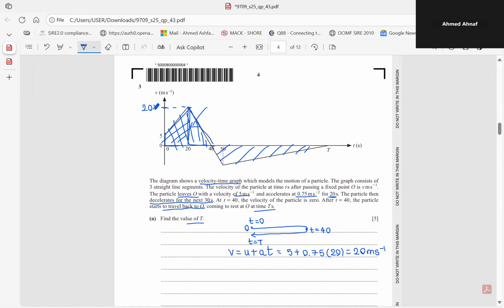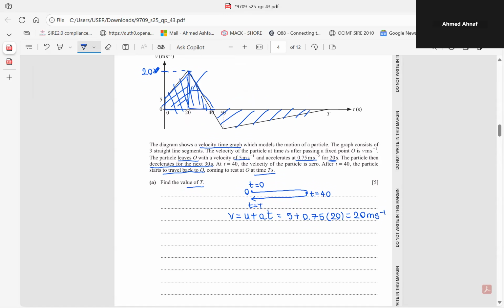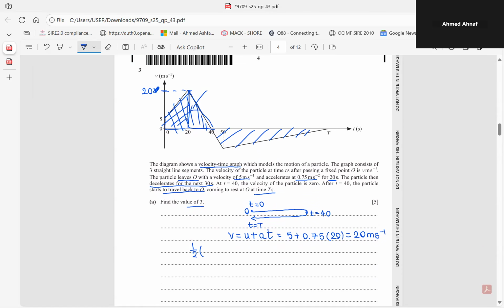Now we can start finding the area. Let's find the area of the trapezium first. The trapezium area would be half times the sum of the parallel sides, so 5 plus 20, times the height of the trapezium, from 0 to 20, so 20.